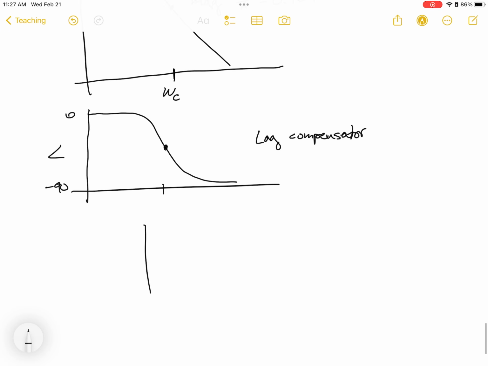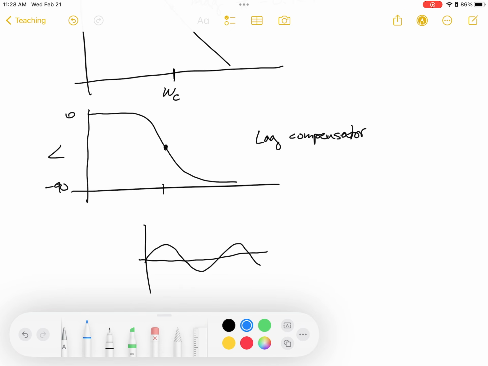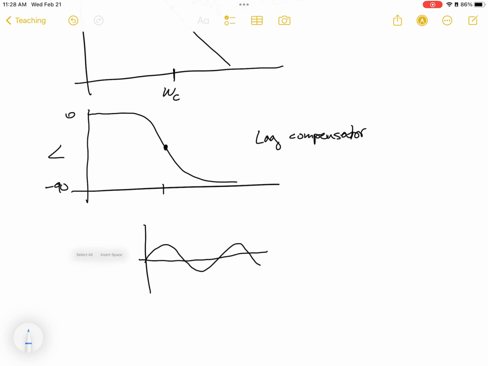So if your original signal is a sine wave that looks like this, if your phase offset is negative, then that means that it does the same thing as your input, but a few seconds or some time period later.